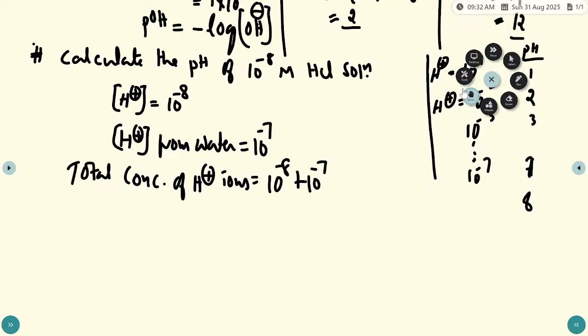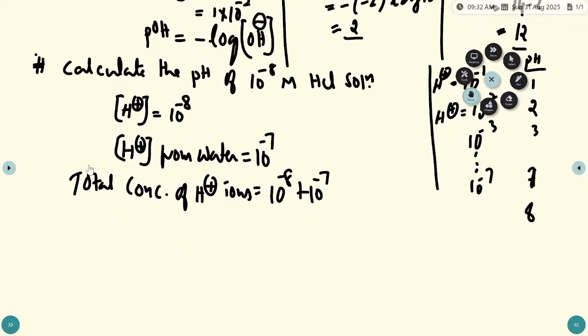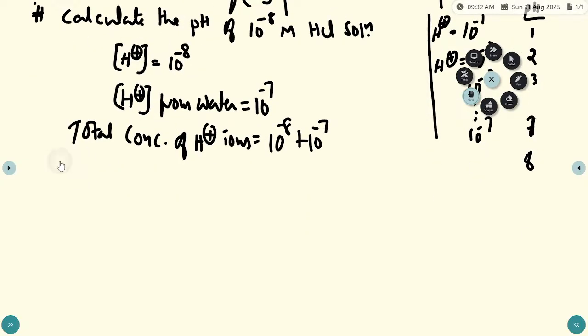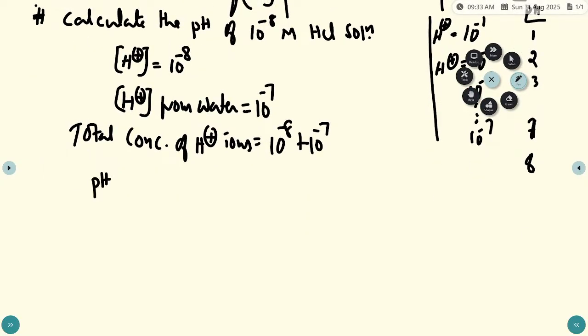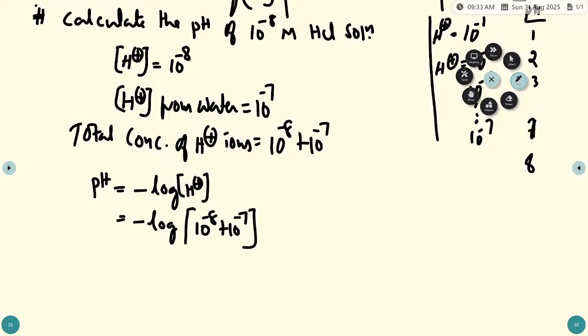Okay, so next, what is pH? pH is equal to, what is the formula? Minus log of H plus ion concentration. So here pH is equal to minus log of the H plus ion concentration, which is 10 to the power of minus 8 plus 10 to the power of minus 7.